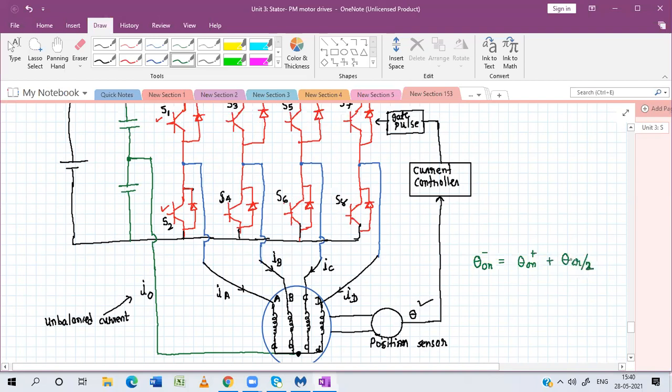Now, what is theta CR? It is the rotor pole pitch.